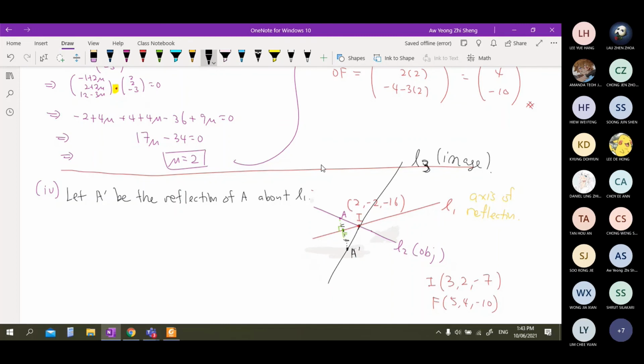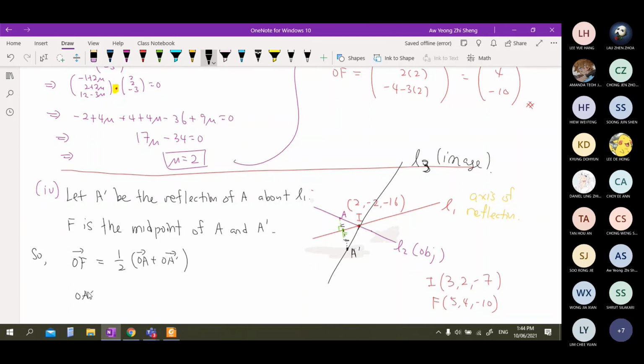F has been introduced earlier, so people will understand what F means. F is the midpoint of A and A prime. And so OF is half times OA plus OA prime.